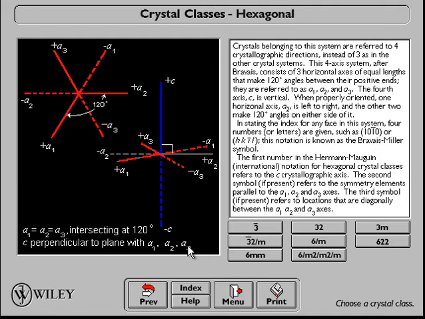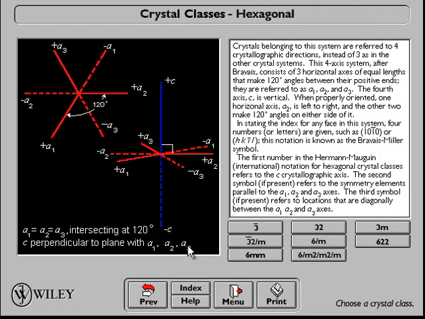They are referred to as A1, A2 and A3. The 4th axis C is vertical. When properly oriented, one horizontal axis A2 is left to right, and the other 2 make 120 degree angles on their side of it.